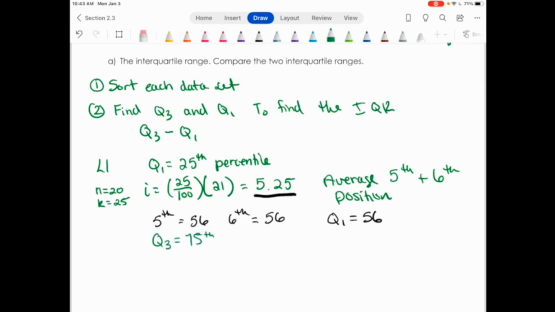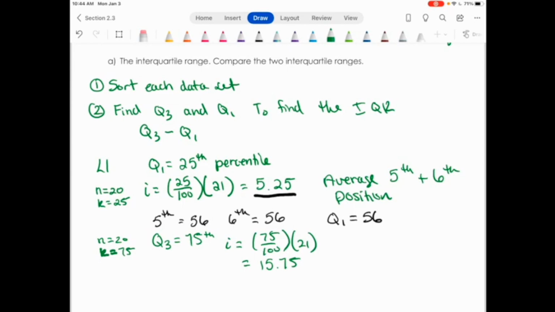That's the 75th percentile. So in this case, N is going to be 20 because I'm still doing this with list 1, and K is going to be 75. So I'm going to take 75 over 100, times 21. That's going to give me 15.75.